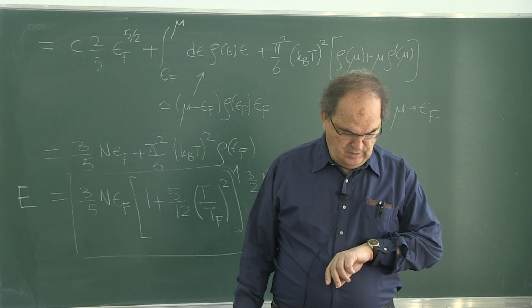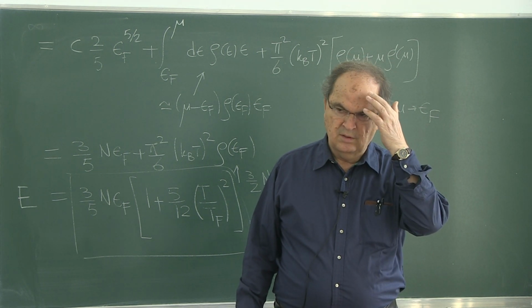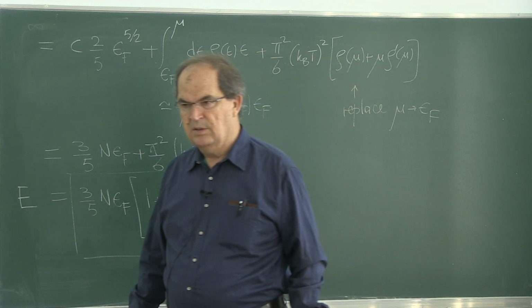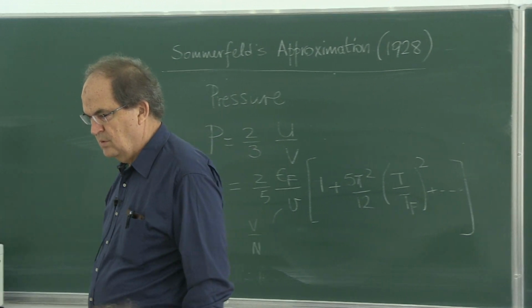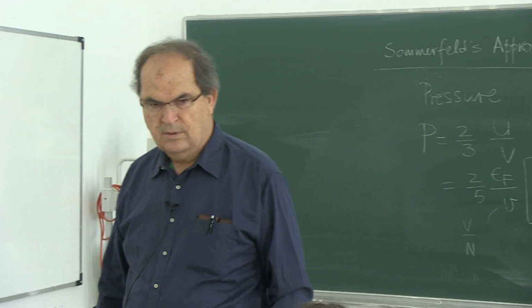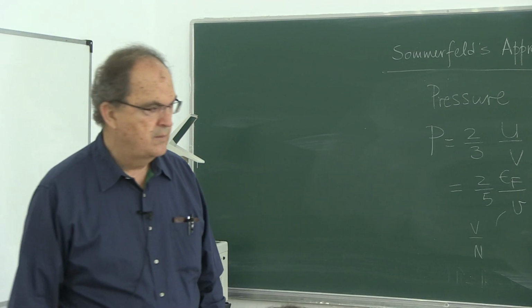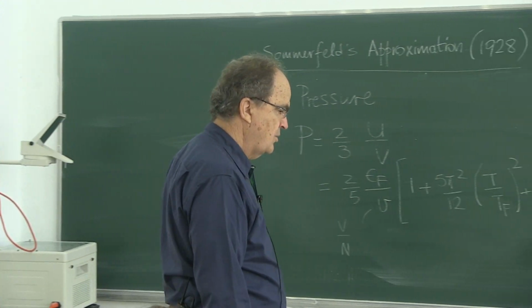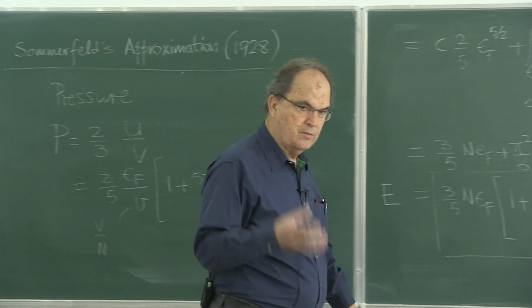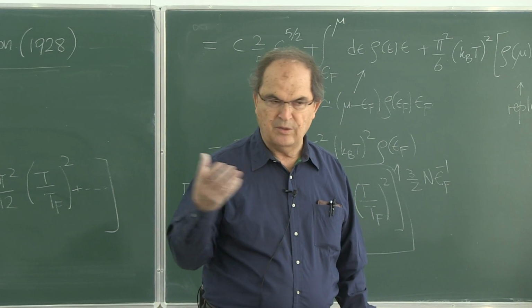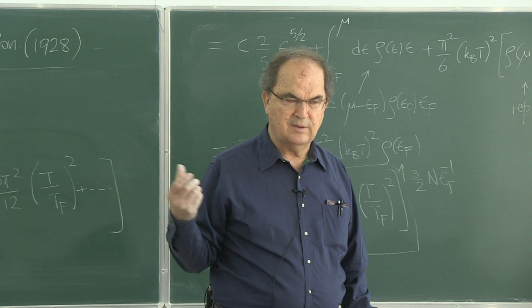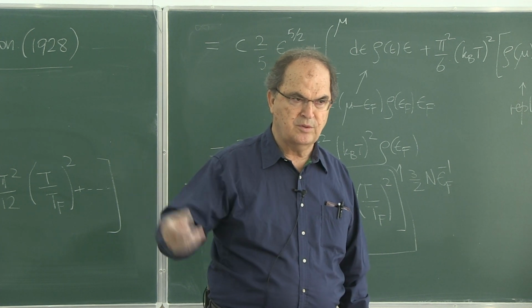Do you have any questions? Anything to ask about this approximation? So you have to remember at least the first order correction. Okay, you have to be able to write down the approximation up to first order.